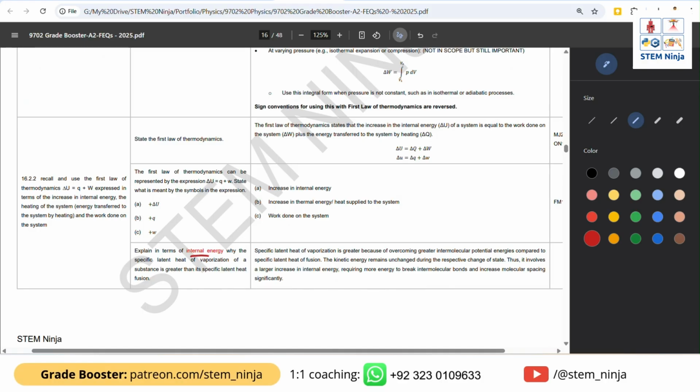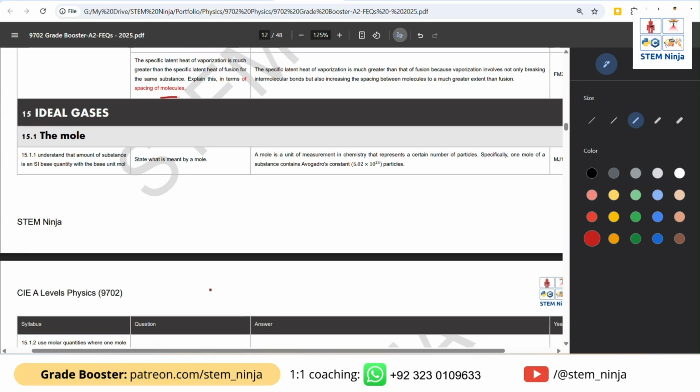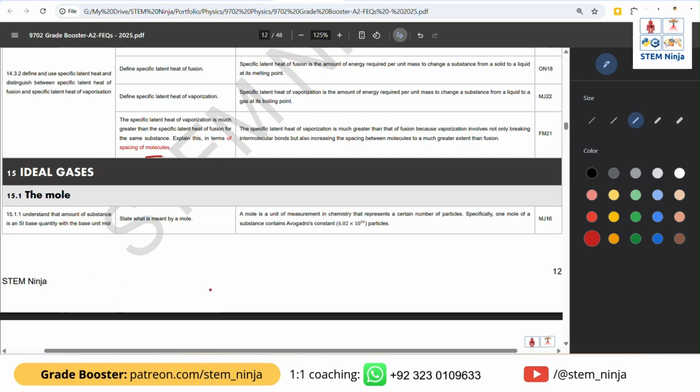Since the question that we are facing in the 2025 paper is not specifying how we need to explain it, we can explain it in terms of spacing, and we can explain it in terms of internal energy also. So how can you explain both ways? Let's see.